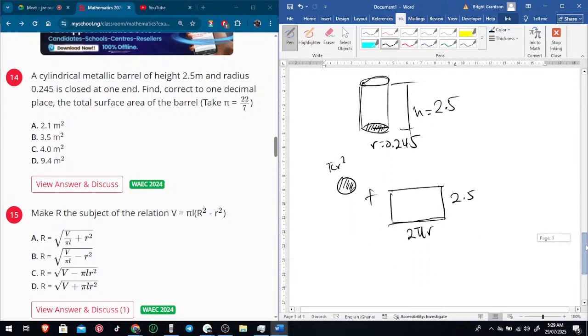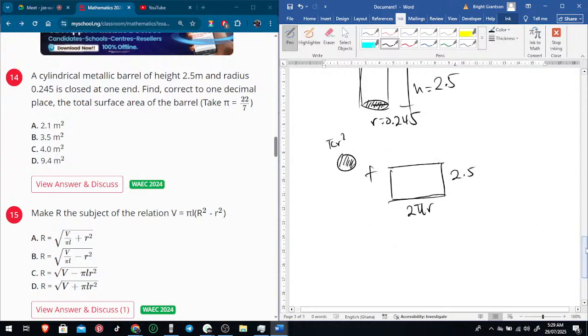Please, do you understand? Yes, sir. So pi r squared plus 2 times 22/7 times 0.245 times 2.5. This one is 22/7. Punch everything in the calculator.